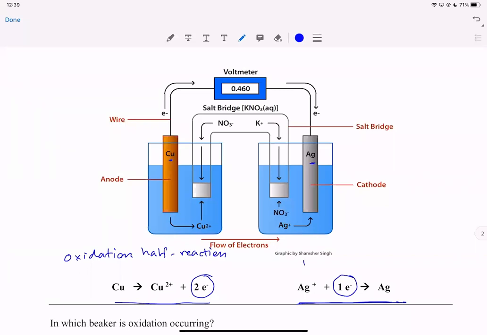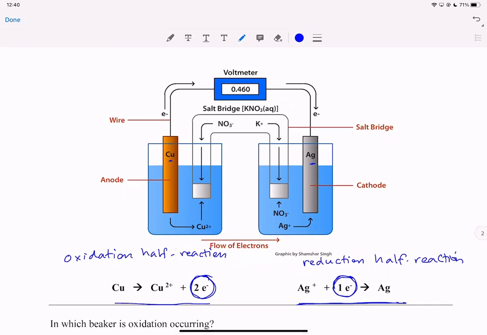That means electrons are gained, and that's the reduction half reaction. The mnemonic is OIL RIG: oxidation is loss, reduction is gain. Gain means electrons on the reactant side, they go in, and loss means electrons on the product side, they go out.